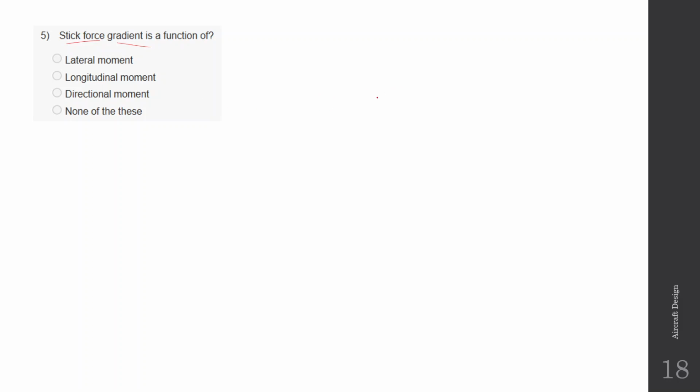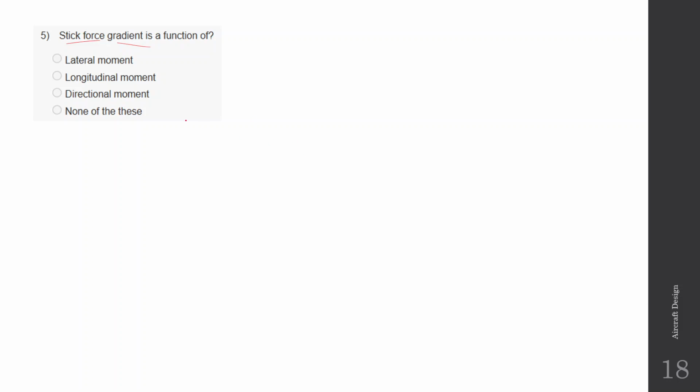Stick force gradient is a feedback mechanism. It is a gradient between the stick force and the velocity, and the stick force gradient should be positive when the airspeed is lower than the trim speed, and it should be negative if the airspeed is higher. So this is a kind of feedback mechanism by which the pilot can understand whether he or she is above or below the aircraft flying speed.